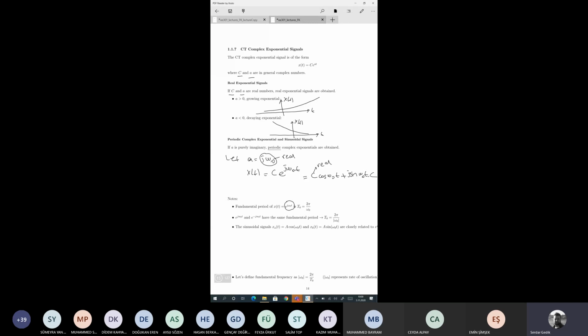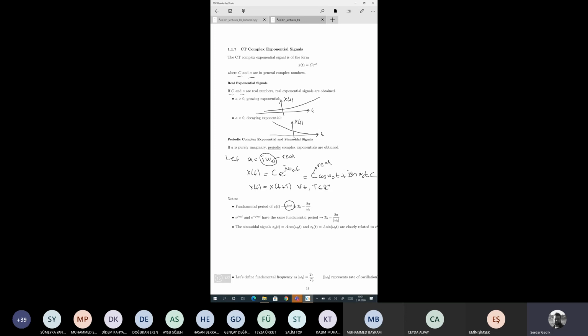So how can I prove this? Please remember that if x of t is a periodic signal, it's equal to x of t plus capital T for all t values, and I can find a period T for the signal. So let's check.